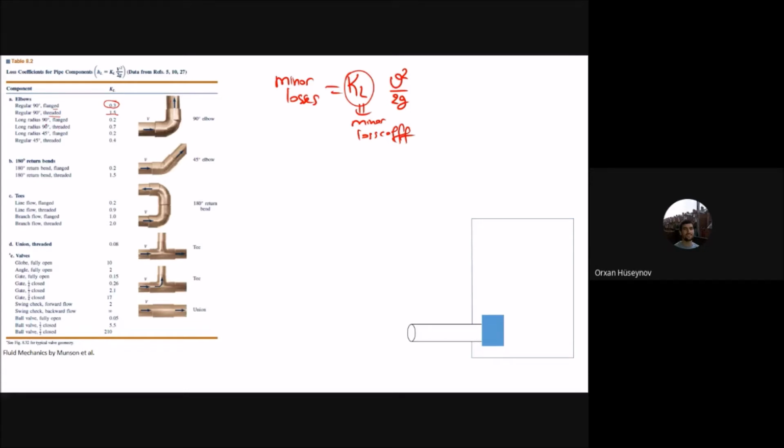You can also have different radii, longer radius or larger radius. Then you also have the bends here, 180 degree bends. For 180 degree bends, you can have the flanged case as well as the threaded case, and these are the loss coefficients, again for flanged and threaded. So let me show you one flanged and one threaded case.